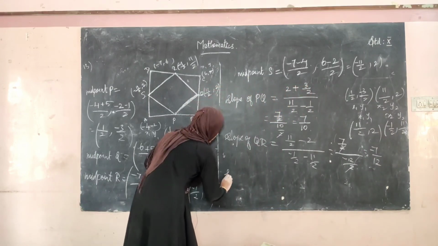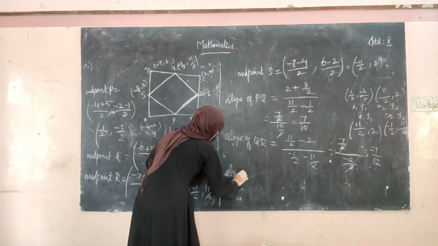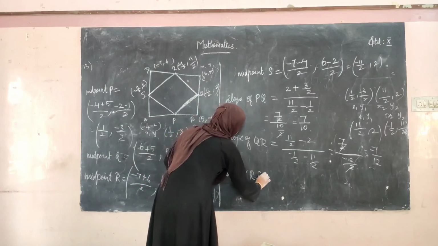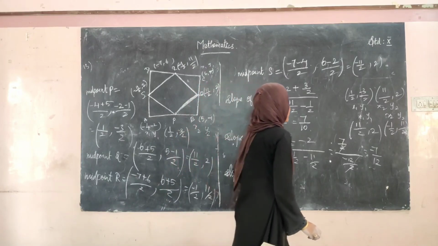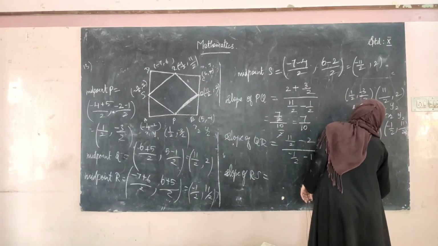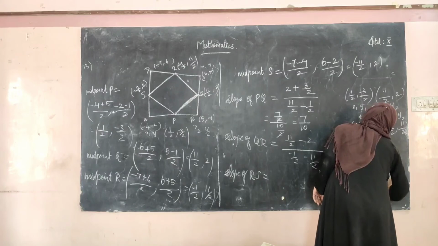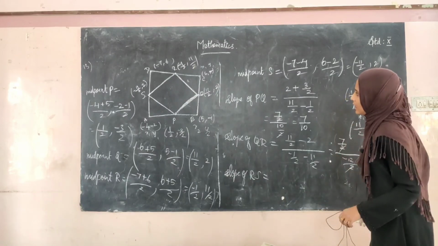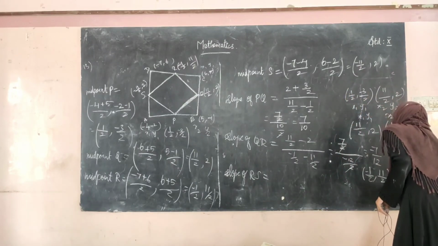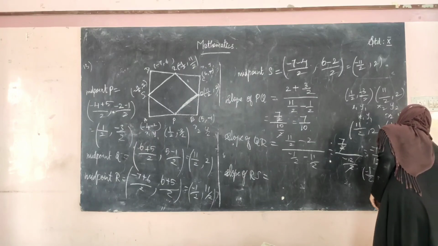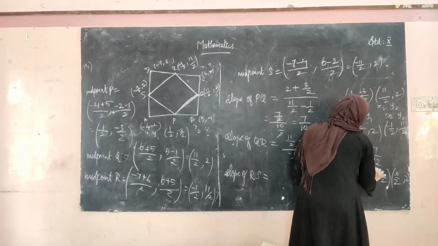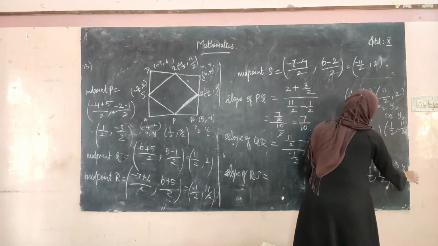And then slope of RS is equal to, what are the points here? R is minus 1 by 2, comma 11 by 2. And what is S? Minus 11 by 2, comma 2. So you have to take this as x1, y1, x2, y2.